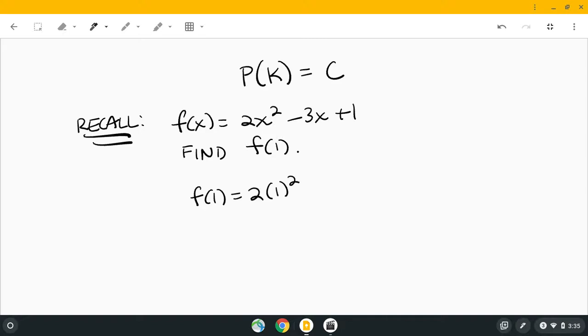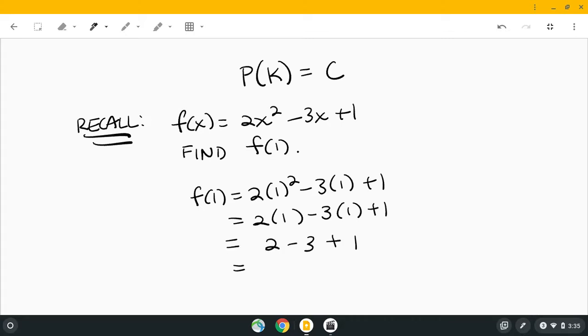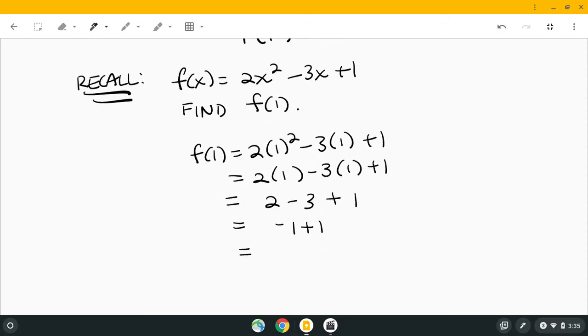You would do this, work it all out, 2 times 1, doing your order of operations. Zero. So f of 1, when you plug in 1, you get 0.